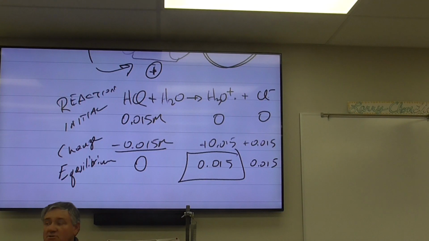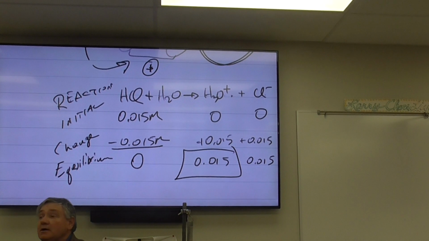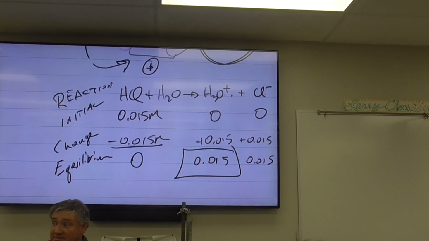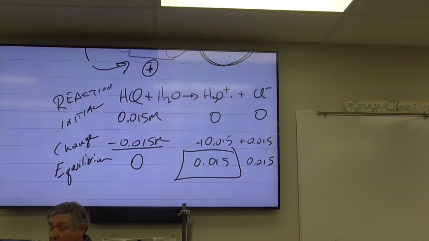Because HCl is a strong acid, whatever the concentration of the acid is going to be the concentration of the hydronium ions. Now, later on we're going to get into weak acids. Weak acids don't do this. With weak acids, only a small percentage ionizes.